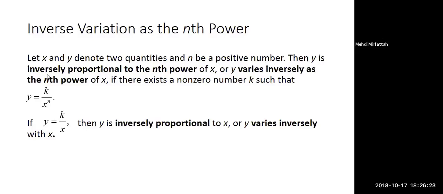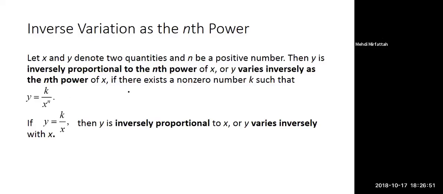Then y is inversely proportional to the nth power of x, or y varies inversely as the nth power of x, if there exists a non-zero number k such that y is equal to k times x to the power of n. So let's take a look at this.